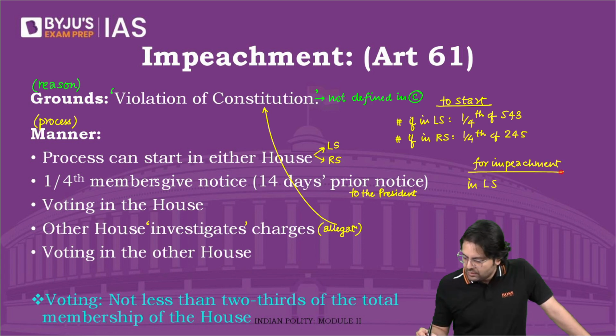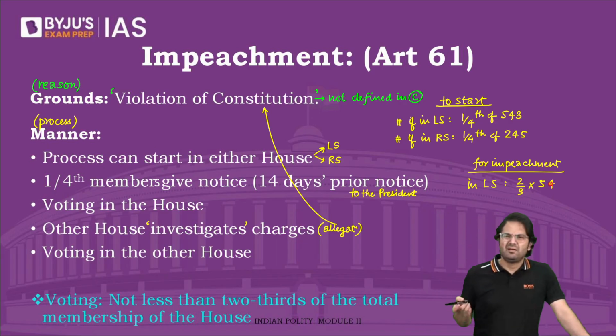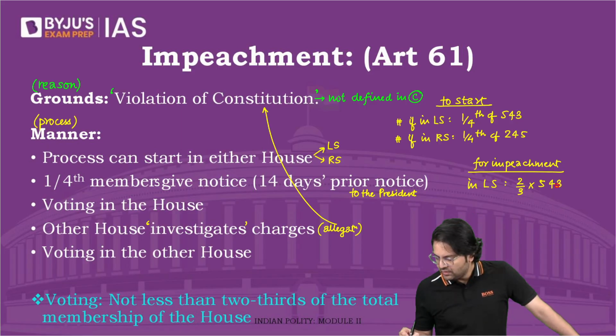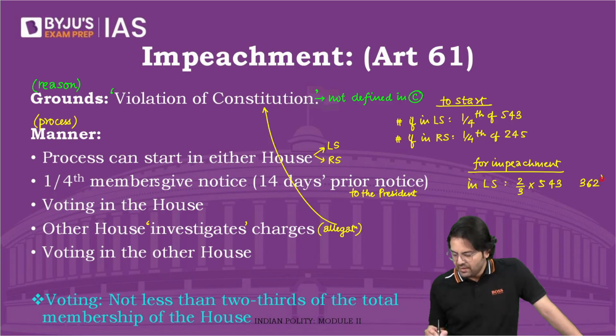In Lok Sabha, 2/3 into 543. How much is that? Roughly 362. 362 MPs will have to say yes, roughly. In Rajya Sabha, 2/3 into 245.